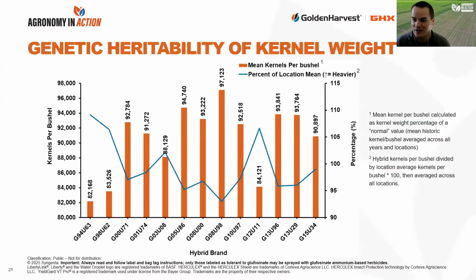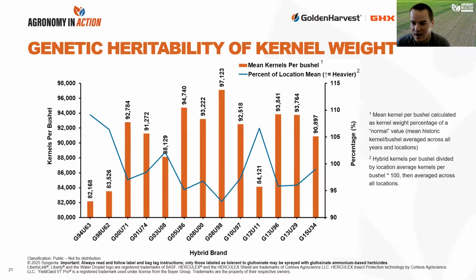It just means they produce lighter kernels, which usually means more kernels per ear. One way I like to use this data is the blue bar. That blue bar is the percent of the location mean. Not all these hybrids are at all locations, so that blue bar shows, at a given location where that hybrid is, how heavy or light its kernels are compared to the average at that location.